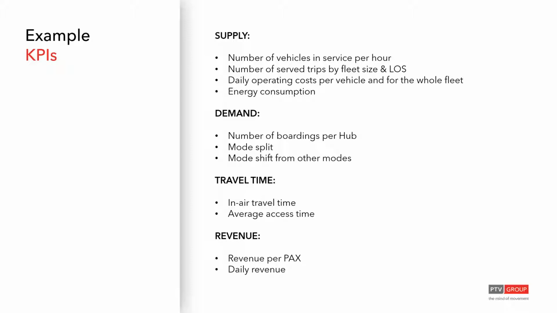Demand-wise, you can assess the number of boardings, the mode split, the shifts from other modes. You can assess the travel time KPIs and obtain the information about the revenues as well. So that's the framework that I wanted to present related to air taxi.